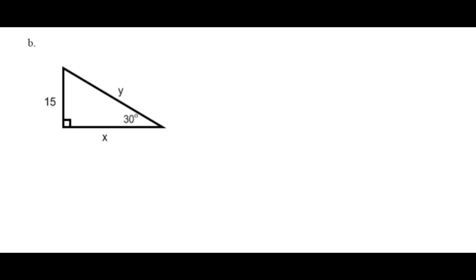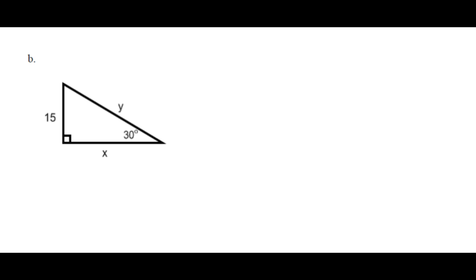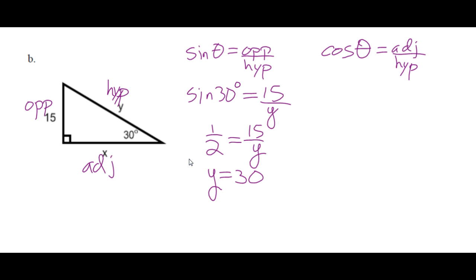Oh, wait, there's more on the same page. Okay, you do B. Cos 30 degrees is adjacent, which is x, over hypotenuse, which is y.